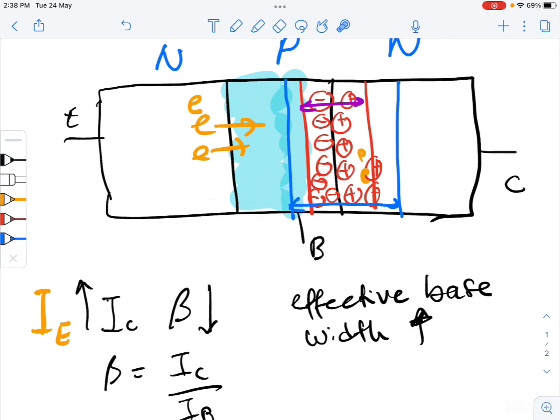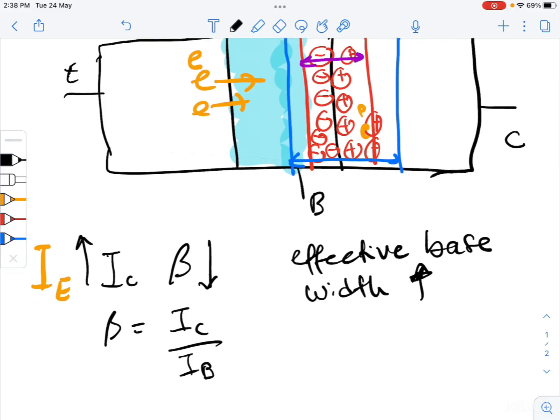But because of this Kirk effect, which is the reduction of the effective collector doping, in the end it reduces the depletion width. It increases the effective base width, and therefore the recombination increases.